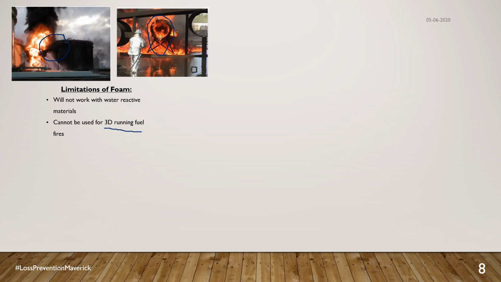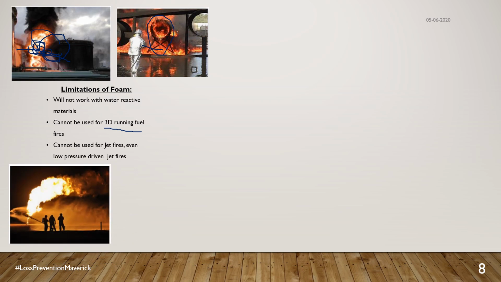Because foam needs a stable surface where it has to form a stable foam bubble. Likewise, it cannot be used for jet fires. For jet fires like this, even if you apply foam, it will just fall in and it will not be able to form a blanket or suppress the flammable vapors.